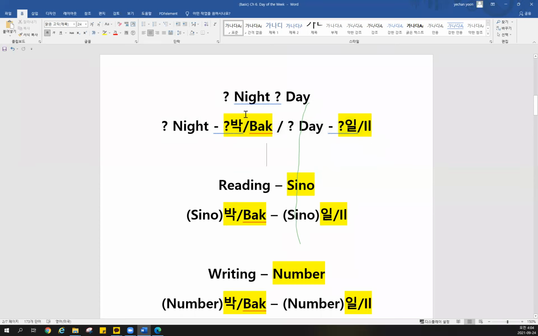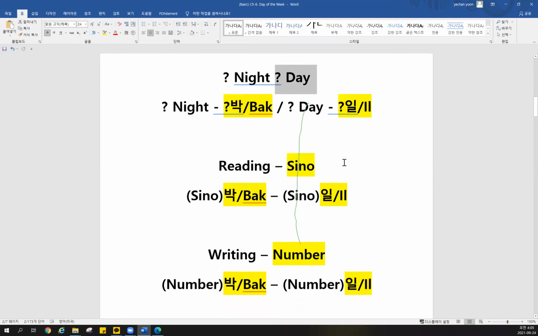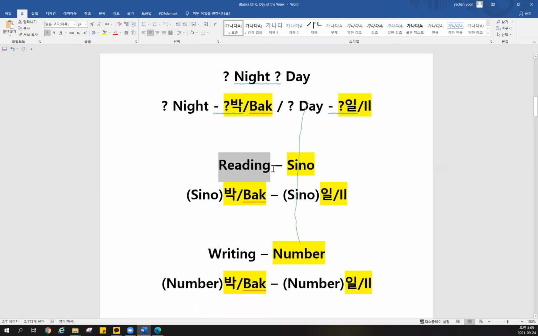For the night, the counting word is 박. And for the day, you say 일. If you put it together, it's blah blah 박, blah blah 일. For reading, we use the Sino version, which is the Chinese pronunciation.